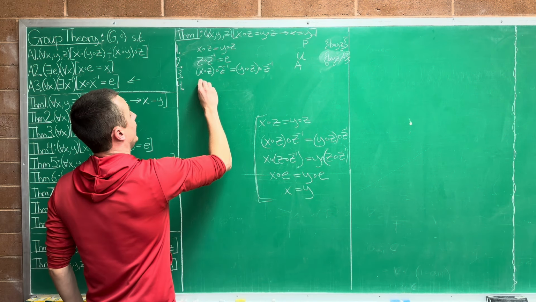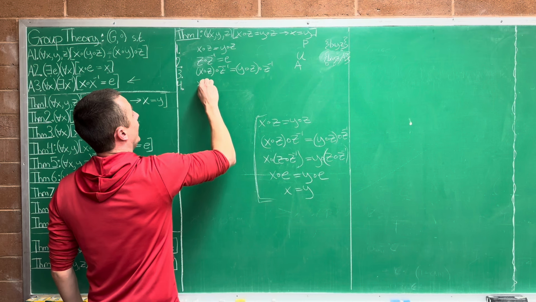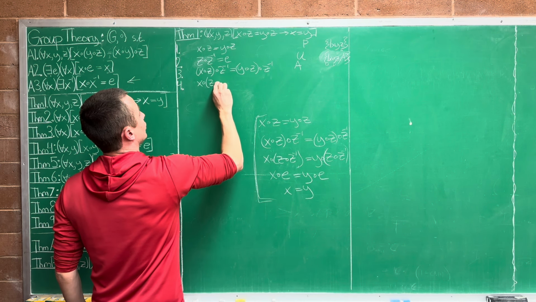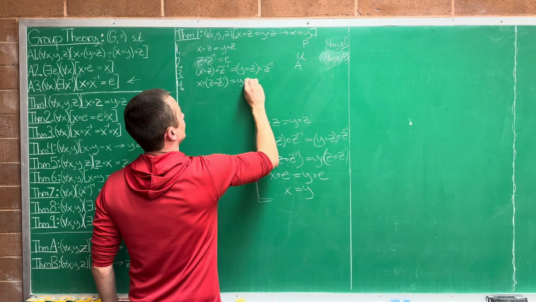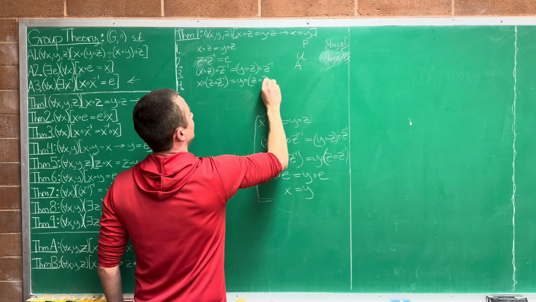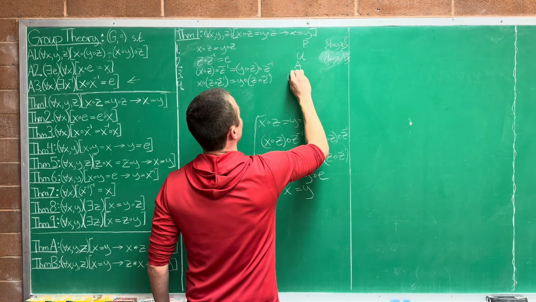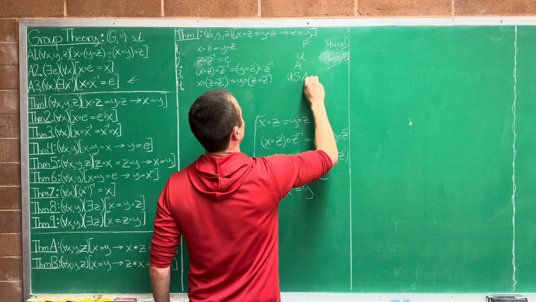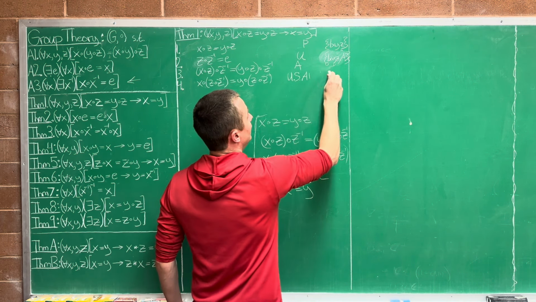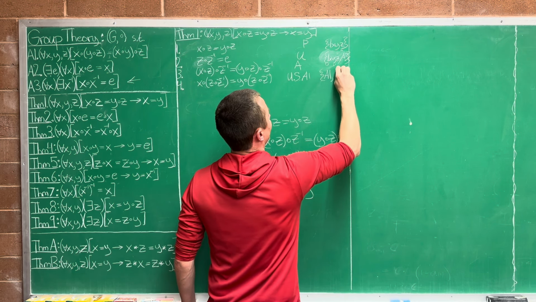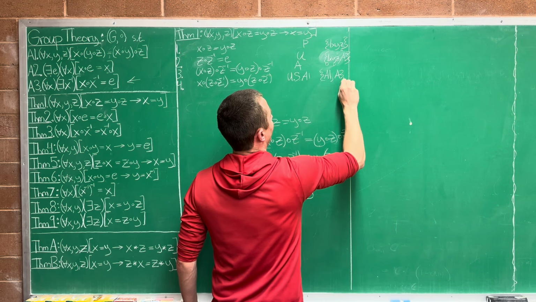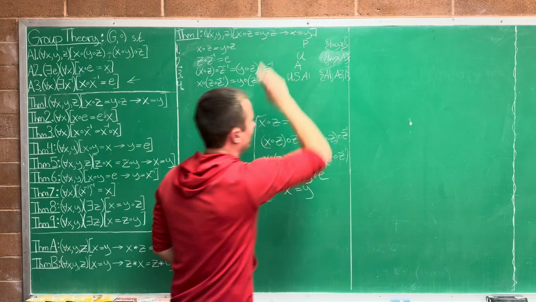So then I know that x circle z inverse is equal to y circle z inverse. This is using universal specification on axiom, what was it? 1. And now we are dependent upon axiom 1, axiom 3, and premise 1, and we'll just remember premise 1 has flag variables.